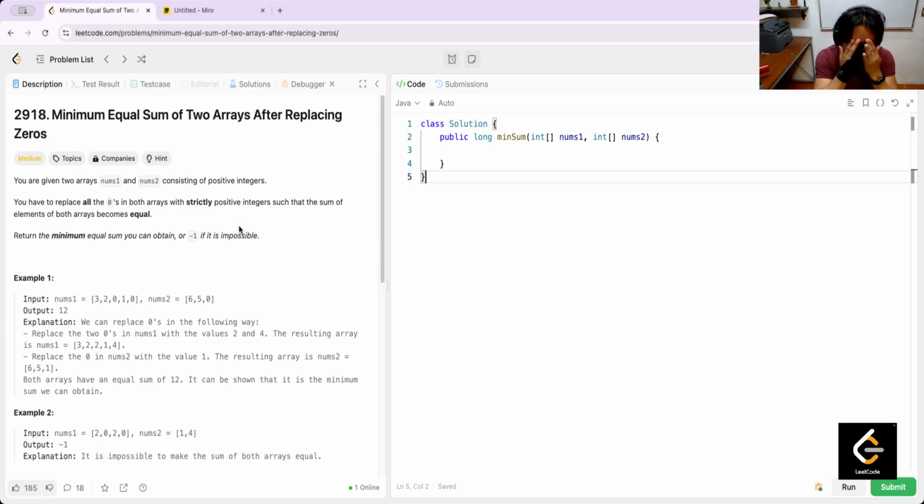This case is minimum equal sum of two arrays after replacing zeros. We are given two arrays, nums1 and nums2, consisting of positive integers.